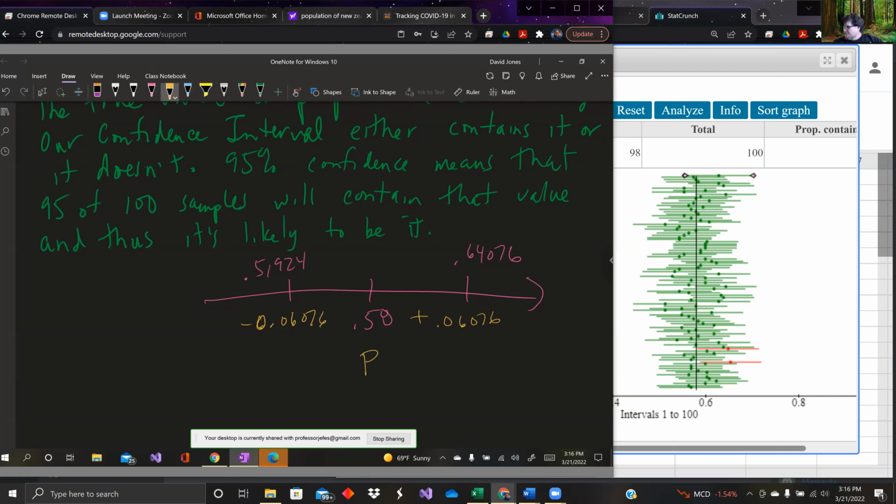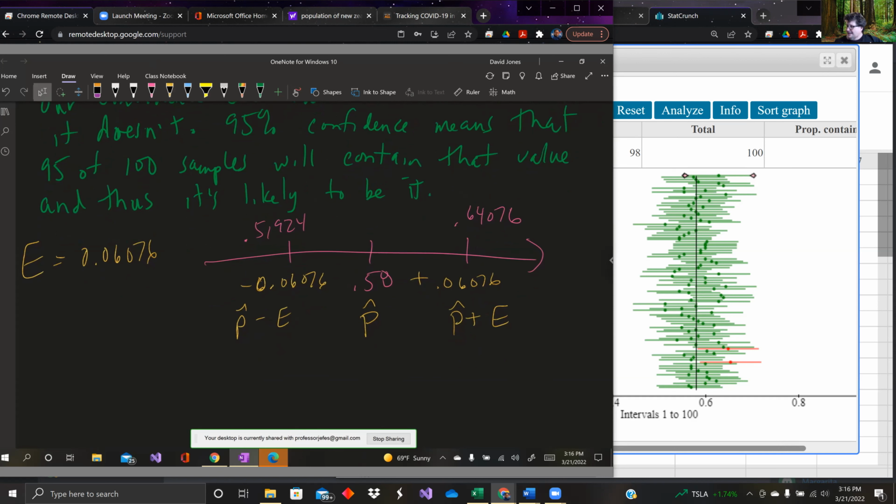So this is my point estimate. If I call this E, 0.06076, this value over here is my point estimate minus E, and this is my point estimate plus E. E is called the margin of error.